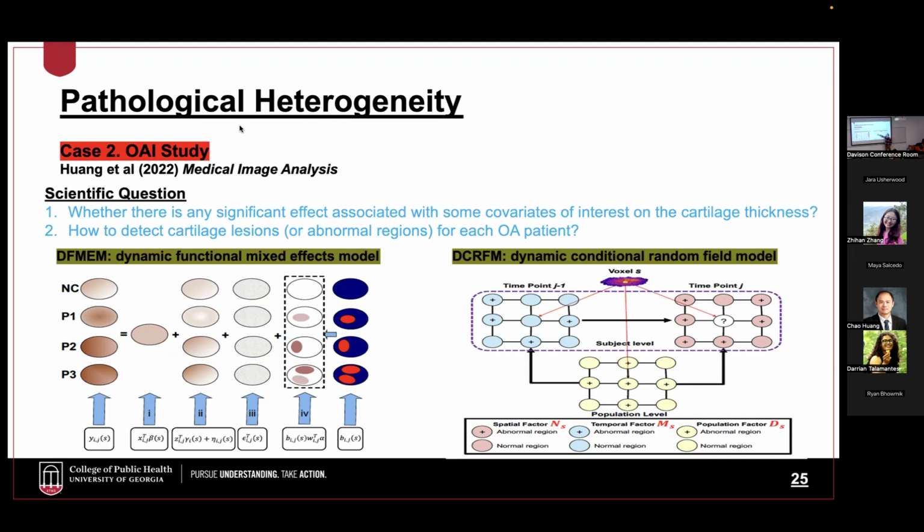One is the spatial direction: if we focus on the pathological pattern at this pixel, we know it can be determined by the disease status in its neighborhood. But we also know that at time point J, this pathological pattern is also affected by the previous time point. So we use this model to capture the correlation and heterogeneities from the two different directions.